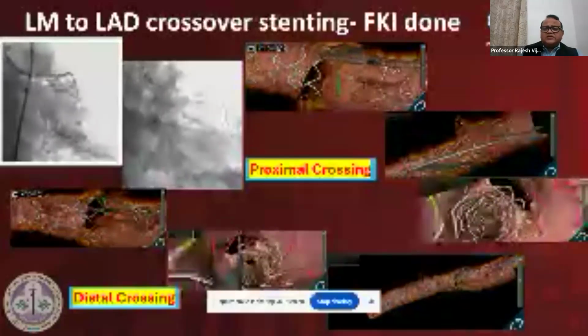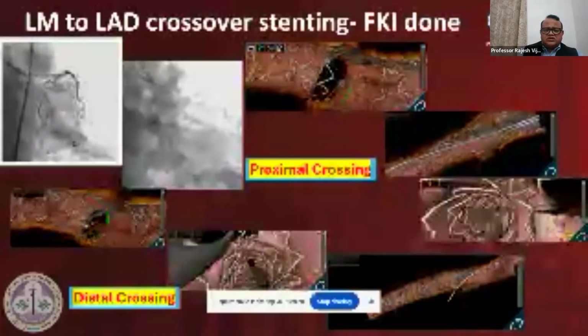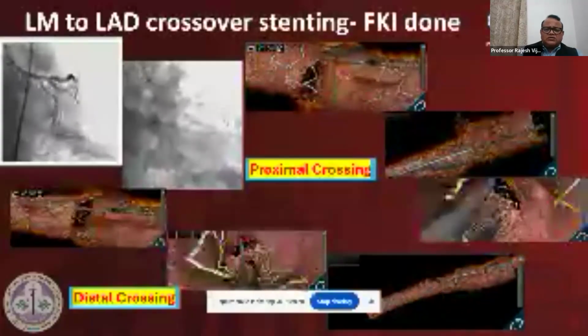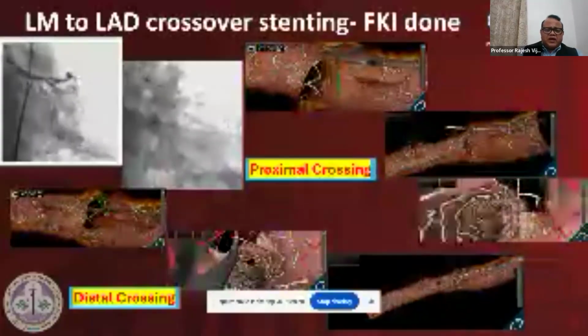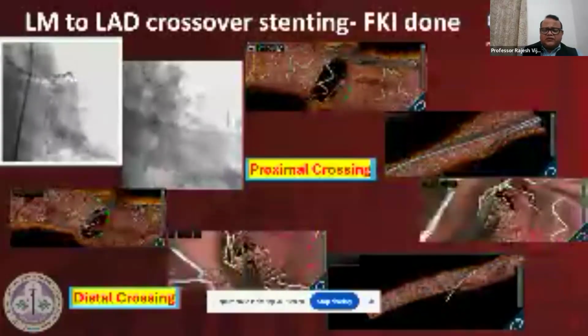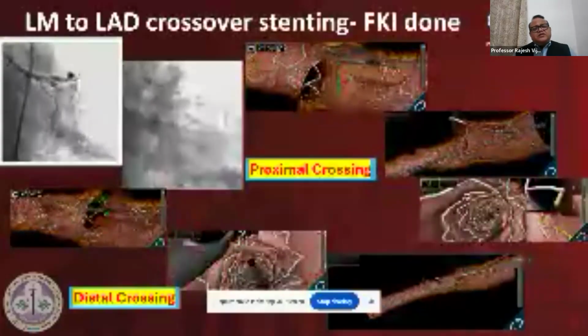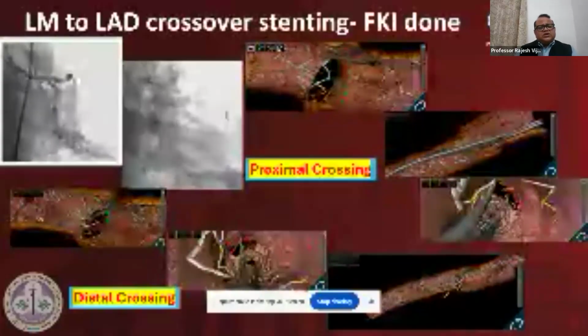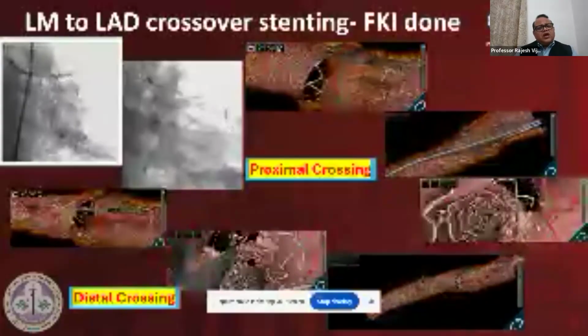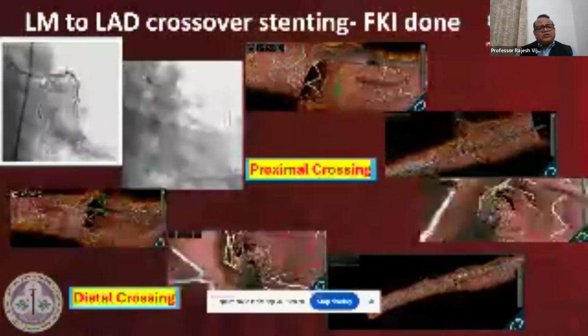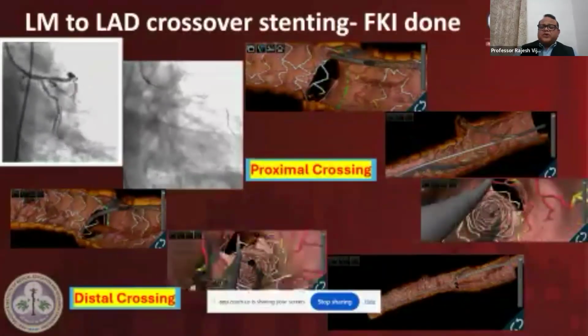You can nicely appreciate how the proximal crossing is very well visualized across the left main bifurcation, versus the lower three runs, which are the ones where you do have a distal crossing. Here, the imaging, especially the OCT with 3D reconstruction, does help to have an idea about whether you are going distally or proximally.